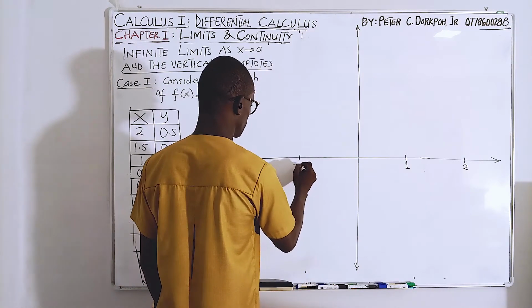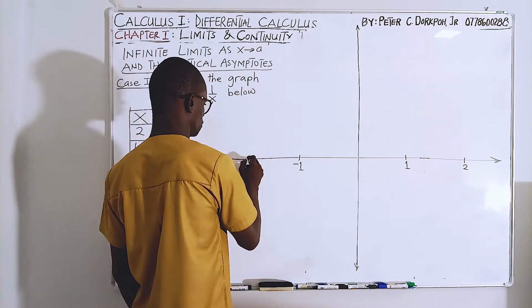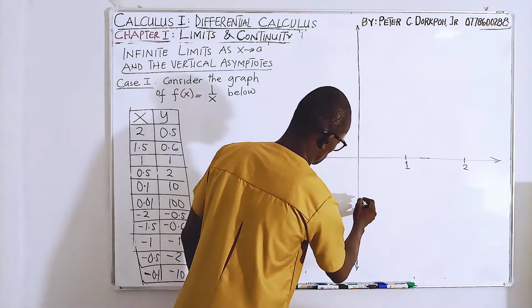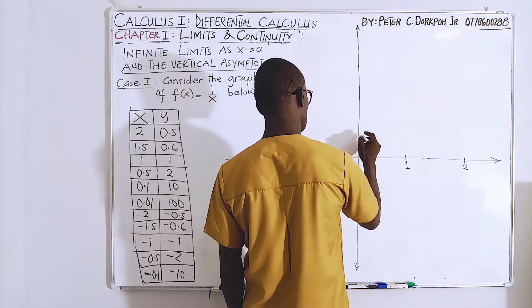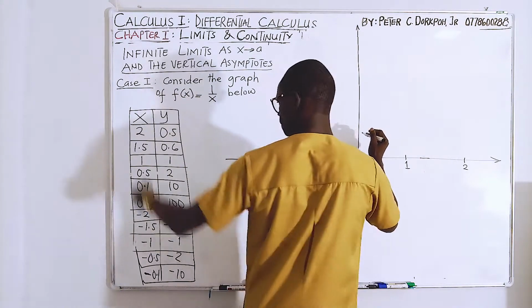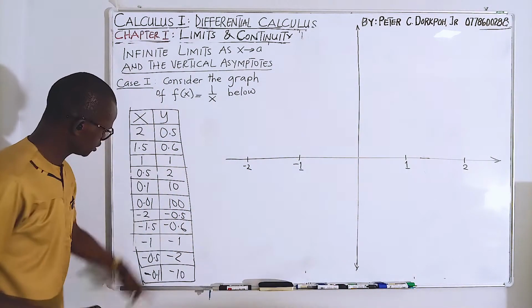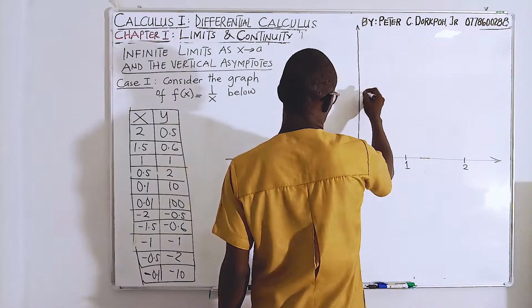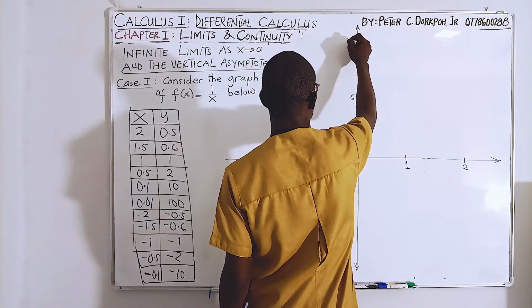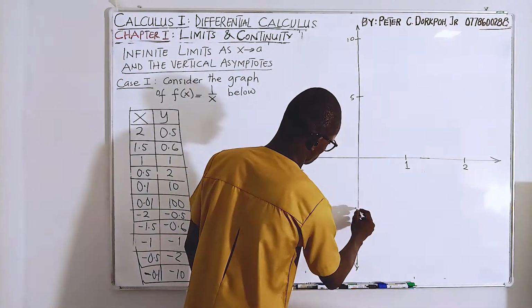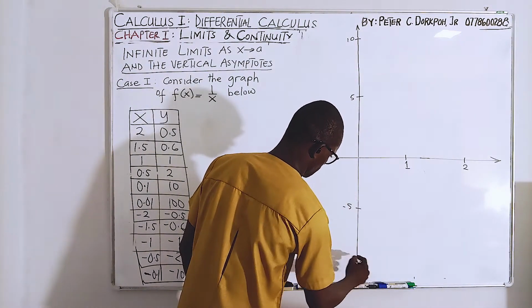Likewise, we have minus 1, we have minus 2. Likewise, on this side we can say this is 10, 20, 30, 40, and so forth, right? So let's see the y direction. We call this 5, 10, and so forth.